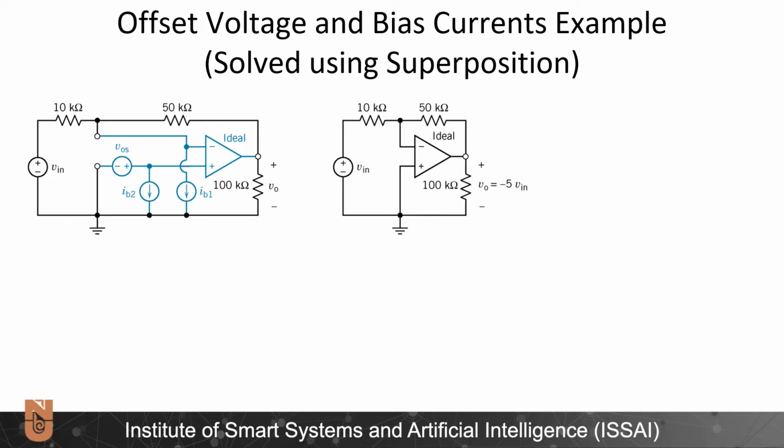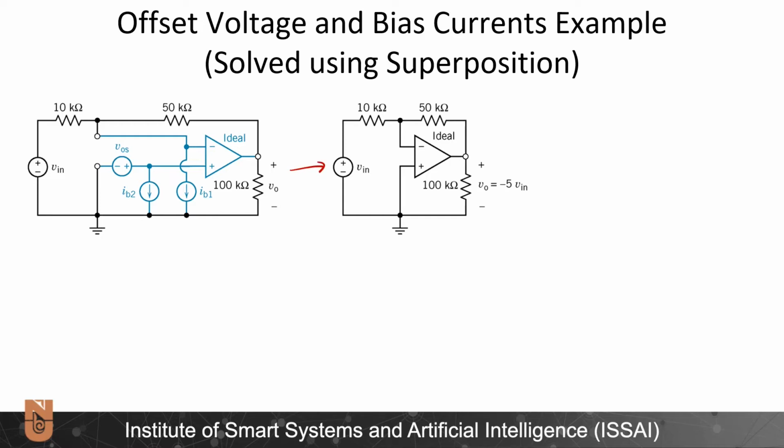Now we are solving this circuit using the superposition principle. We need to consider all the current and voltage sources one by one. Let's start with Vin. I will need to short circuit VOS. I will need to open circuit the IB1 and IB2, and I end up with this circuit.